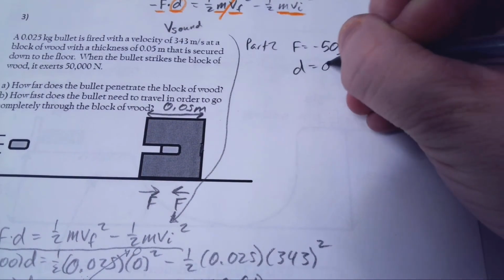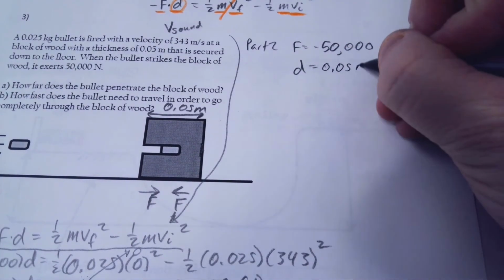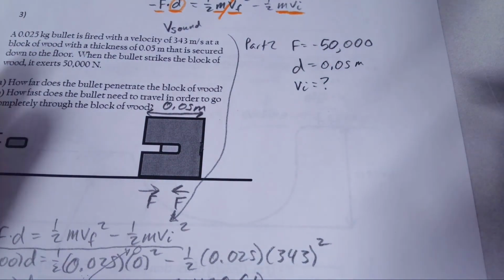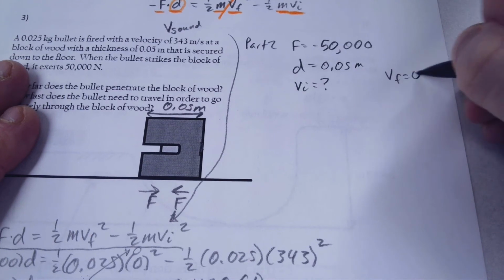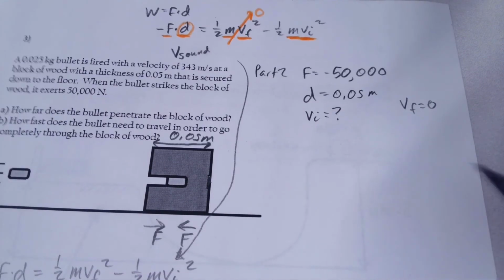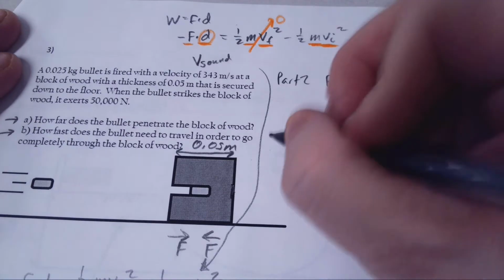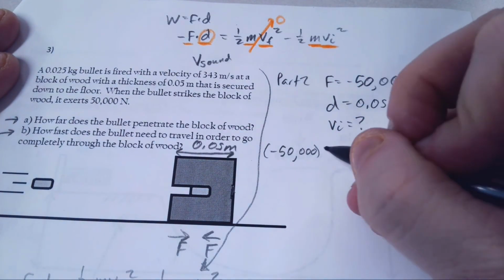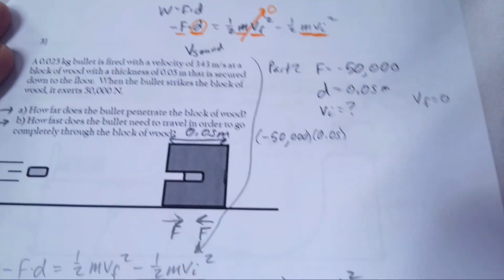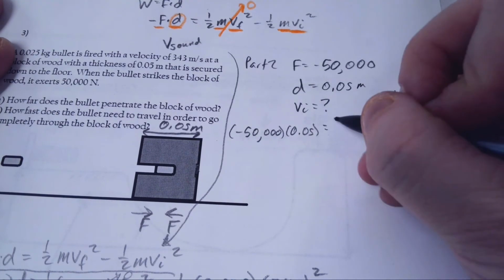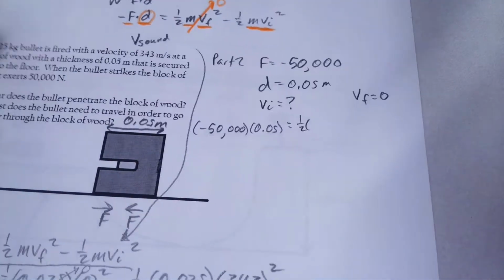So we're basically solving for what VI has to be in order for it to go through just the 0.05 meters and stop on the other end. Like I said, it's the same equation. We're plugging in just what we know. We still have a 1/2 times, I don't necessarily show it here.